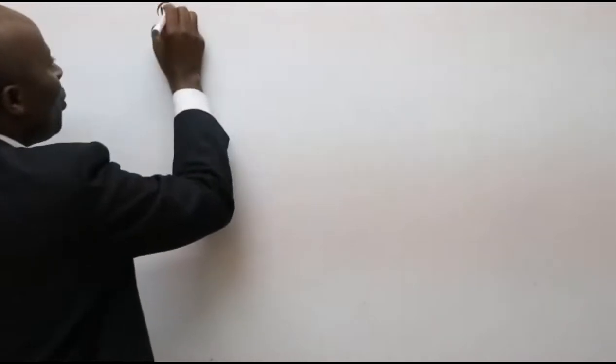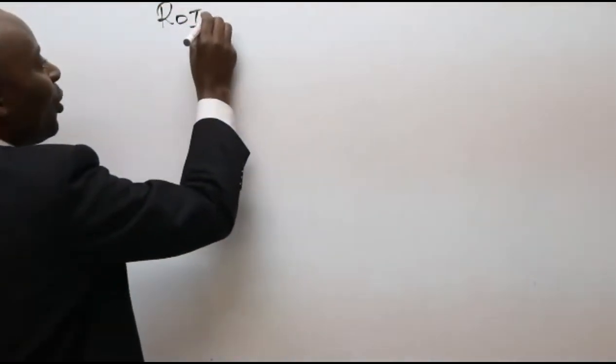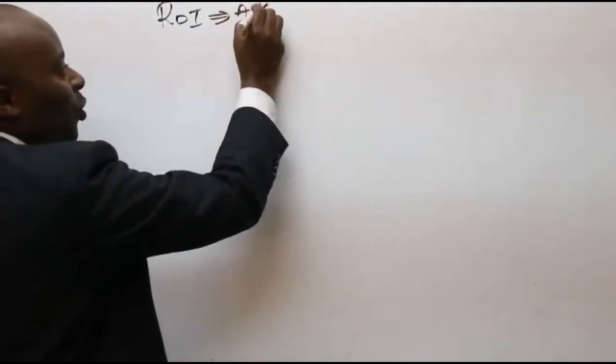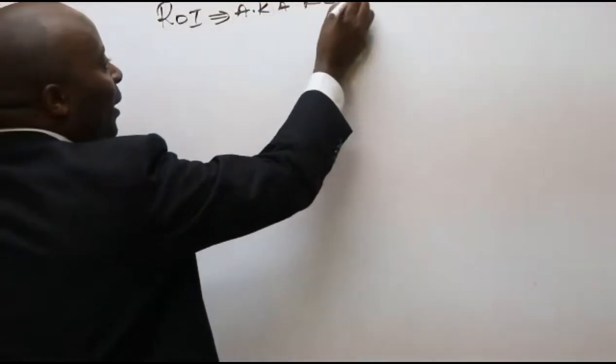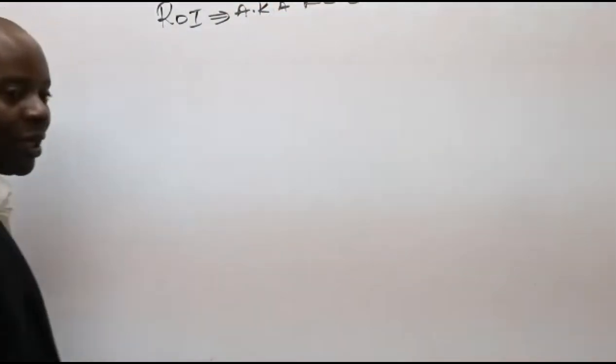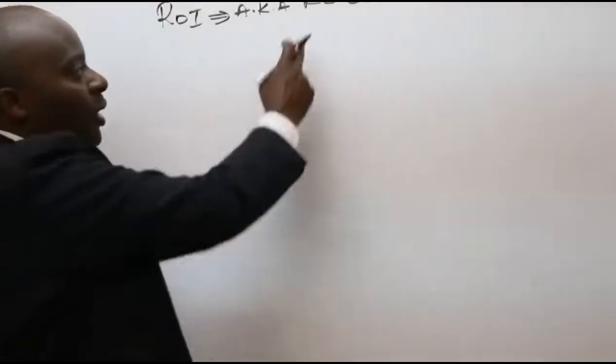Ladies and gentlemen, the first thing that we ought to have done in this question is to write the formula of ROI. So how do we get ROI? ROI is also known as, there was a time I met a student who was calling this ROS.